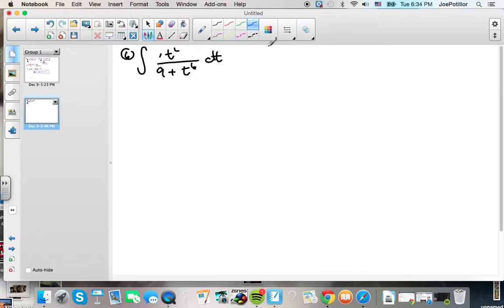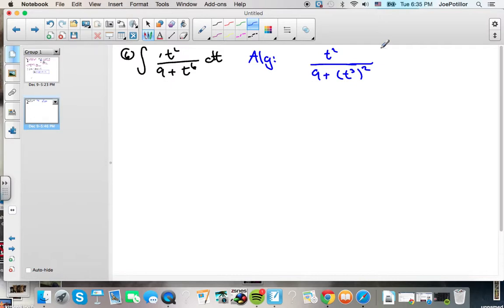So we're going to use some algebra to rewrite this problem. It's t squared over 9 plus parentheses t cubed to the 2nd power, like this. Right? Remember the rule of power of a power. So I'm going to write it like that.